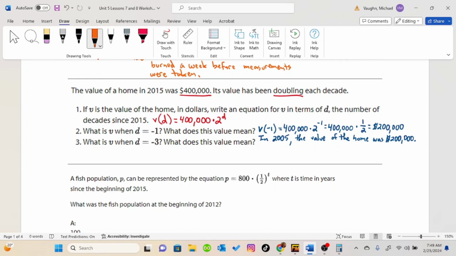Number 3, what is V when D equals -3? What does this value mean?